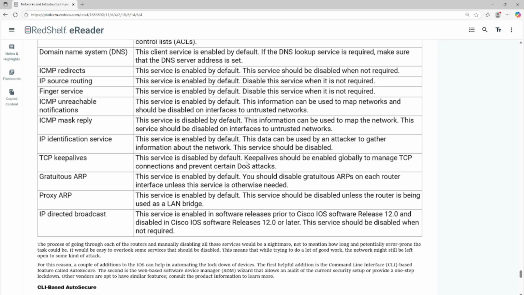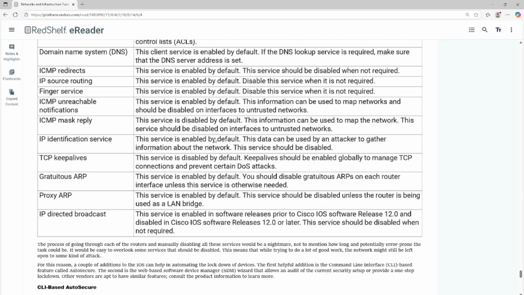The role of the TCP keepalive is to manage TCP connections and prevent certain DOS attacks, denial of service attacks. But if it's disabled, then it's not going to be able to do that, and then the system is prone to DOS attacks.